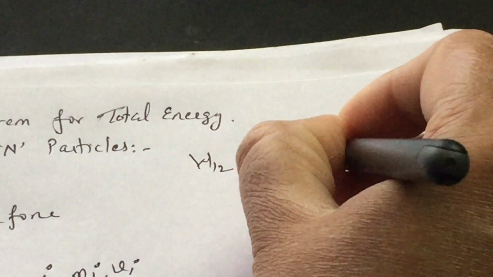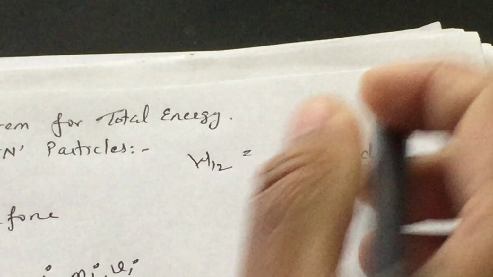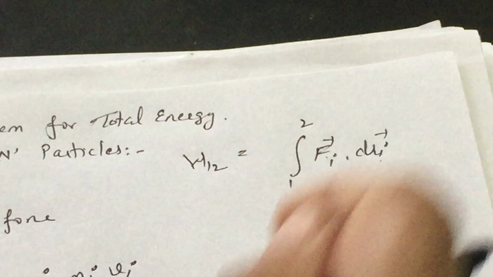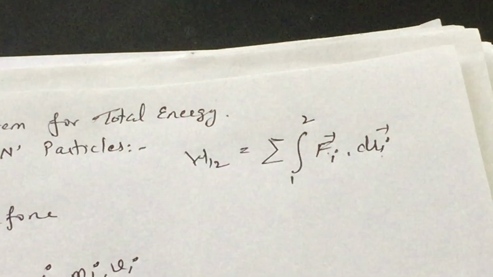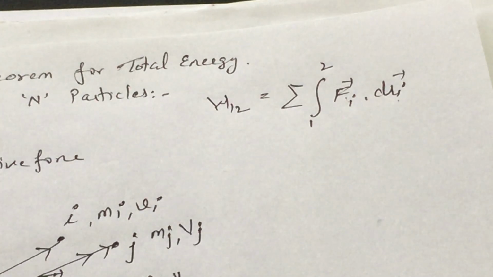Total work done can be represented by Fi dot dRi, that is the ith particle work done from 1 to 2, but there are a large number of particles, so we have to give a summation over all the particles so that we can obtain the total work done.